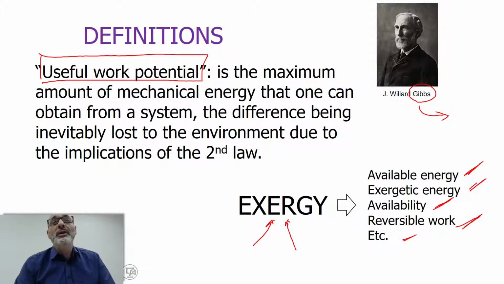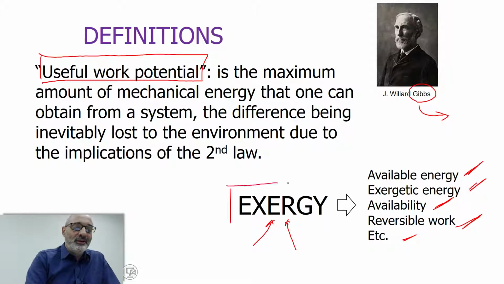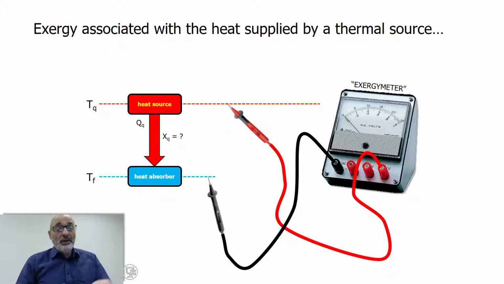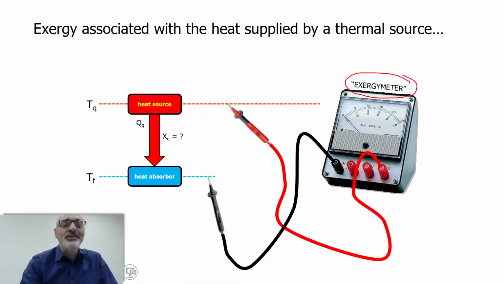We're going to work in order to obtain the mathematical definition of exergy. And the interpretation is just as I said, the maximum amount of mechanical energy. In order to find this mathematical definition of exergy, we're trying to build a kind of exergy meter.